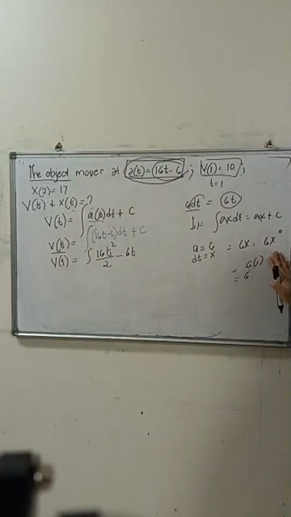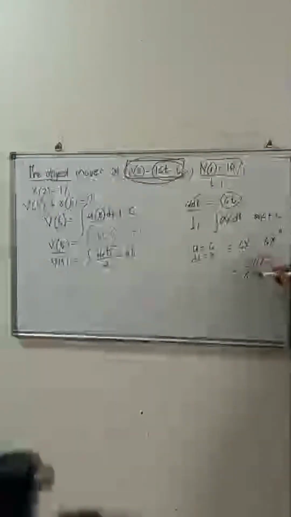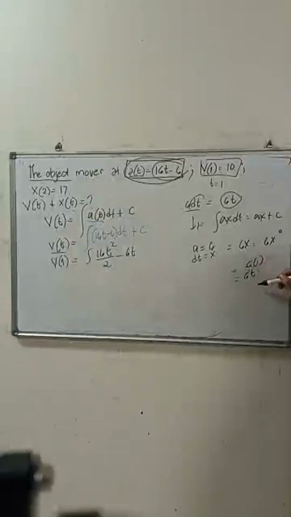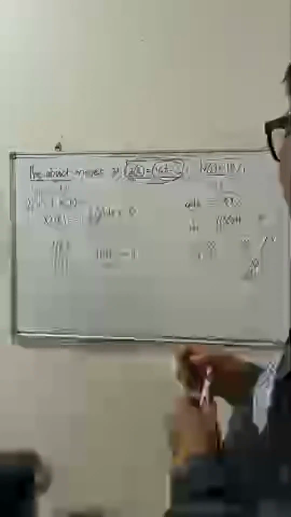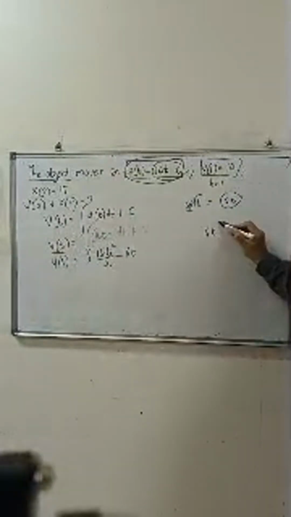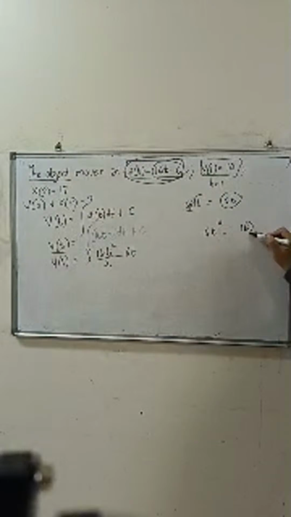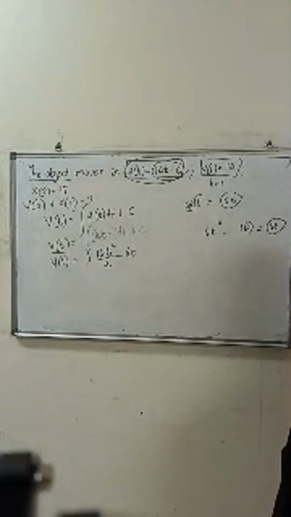The integral of 6 dt is 6t over 1, because 6t raised to the power 0 is 1, and 1 times 6 is 6. Therefore 6t is our integral. For 6 dt, our integral is 6t.